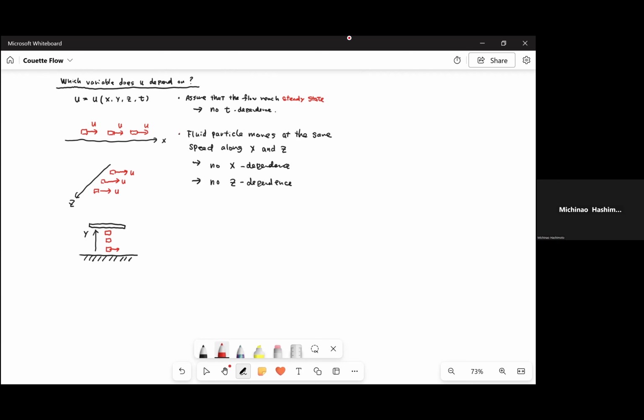But if you are closer to the top wall, they are moving much faster. We don't know the actual velocity profile at this point, but the fluid particles move at different speeds between the two walls.